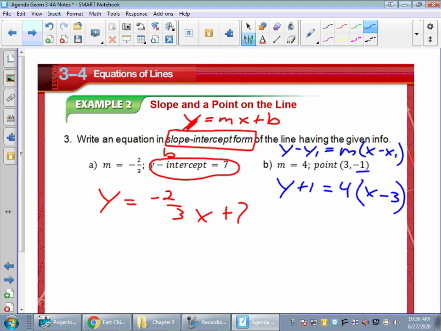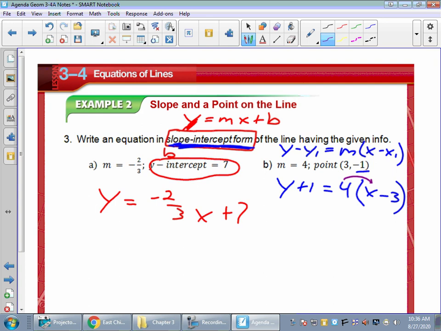Okay, from here, I can get to slope-intercept form. Remember that I'm in point slope, and then they want the answer in slope-intercept form. I can get to slope-intercept form by just using the distributive property and solving from there. So the first thing I'm going to do is distribute this 4 between this x minus 3.